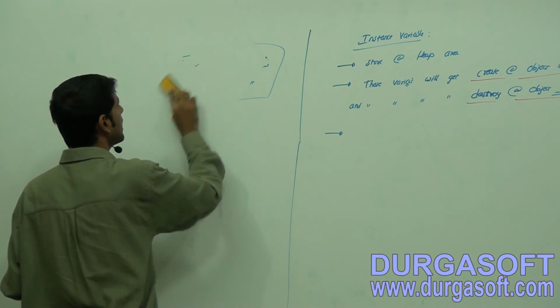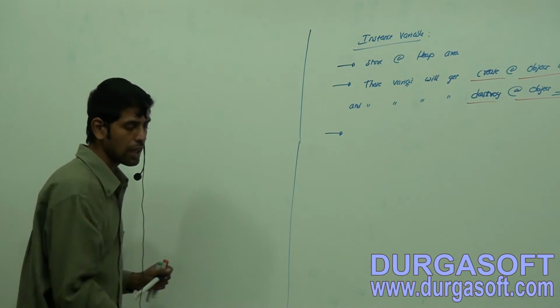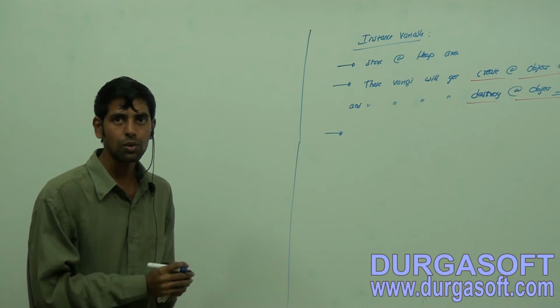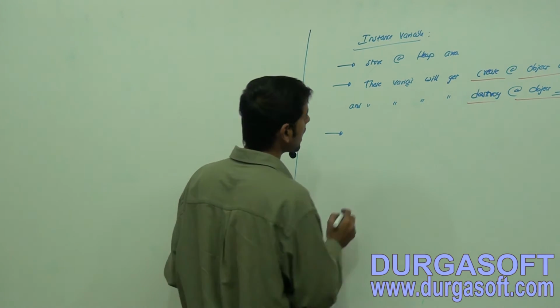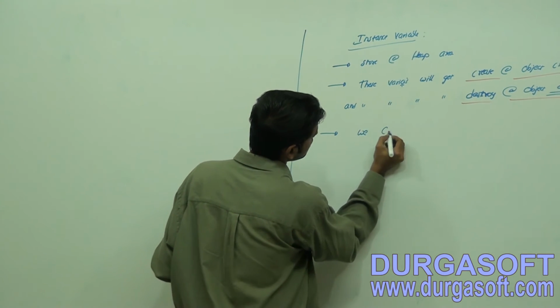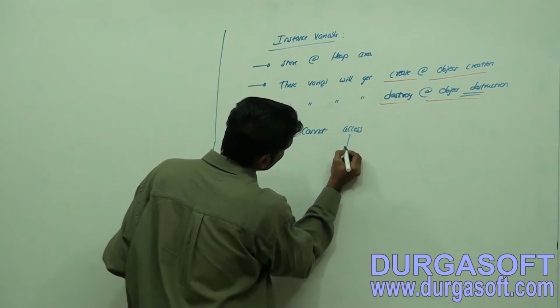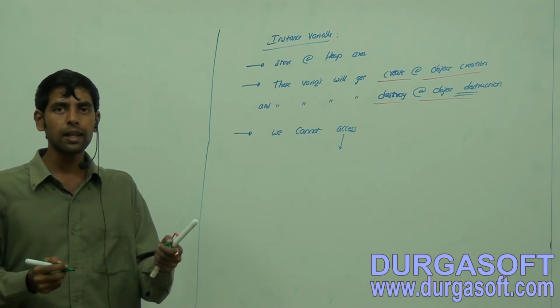These instance variables cannot be accessed. What does access mean, friends?